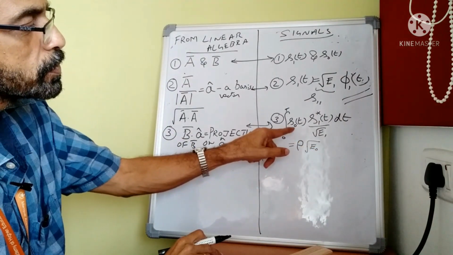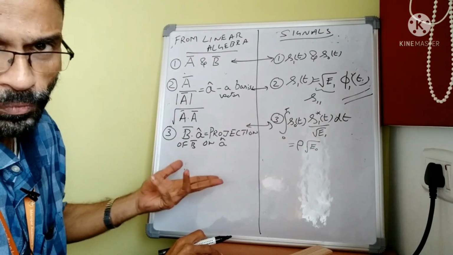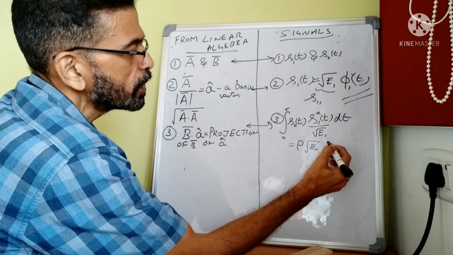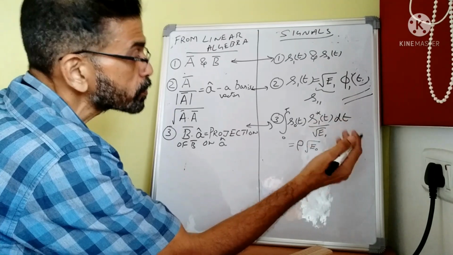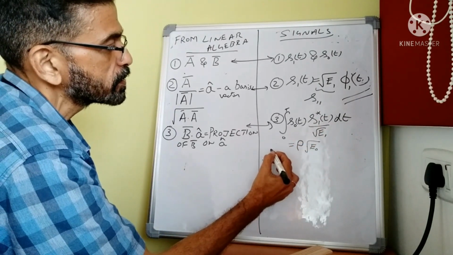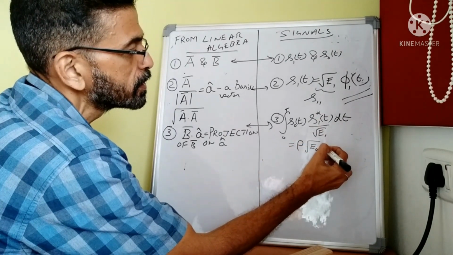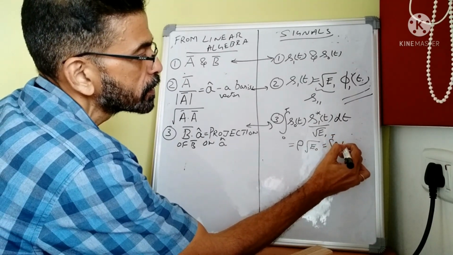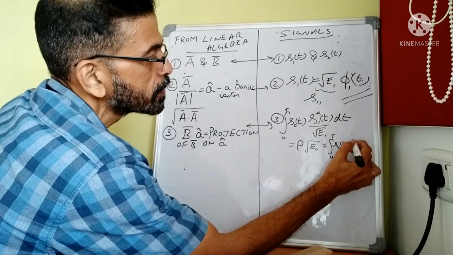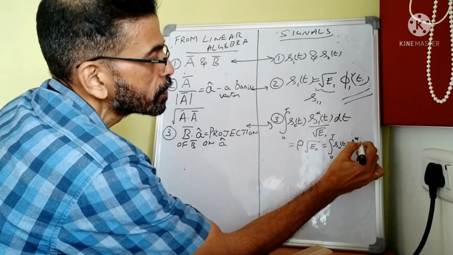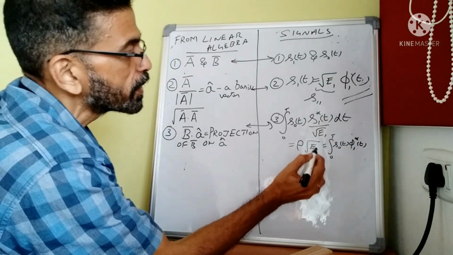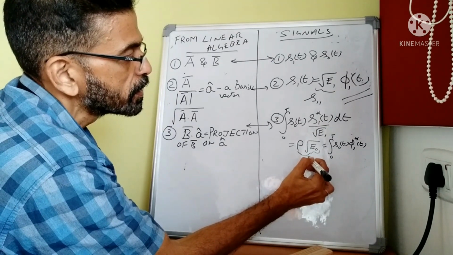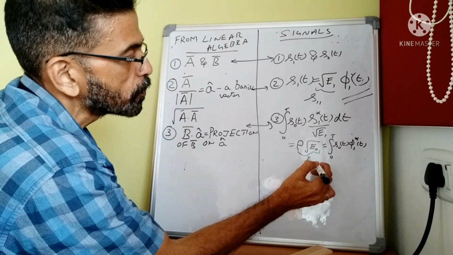If you take this root E0 in the denominator here, you get the rho which we defined just now. So we have this as the result here, and also one can see that this is the same as the integral from 0 to T of S0(t) phi 1 conjugate(t), which means that based on our previous discussion we can write this as S01.